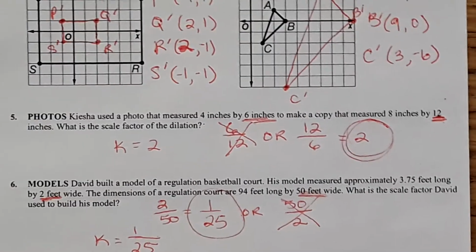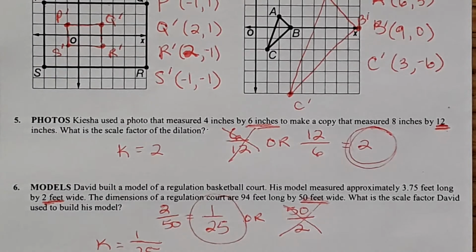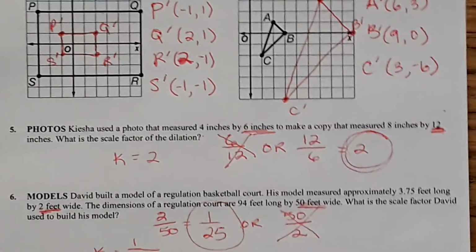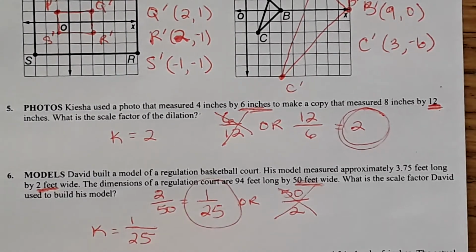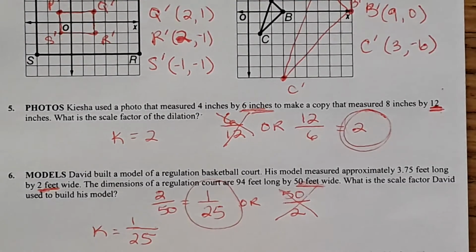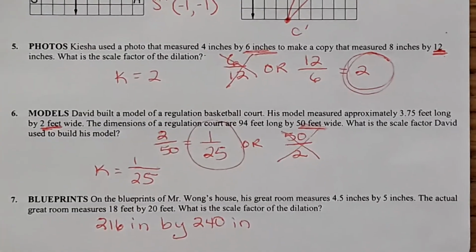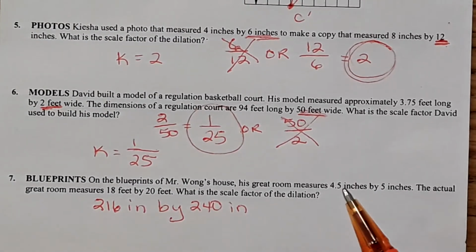So go ahead and complete number 7 on your own. Please make sure you pay attention to labels. Okay, so now number 7, if you did not pick up on this, this is his great room.